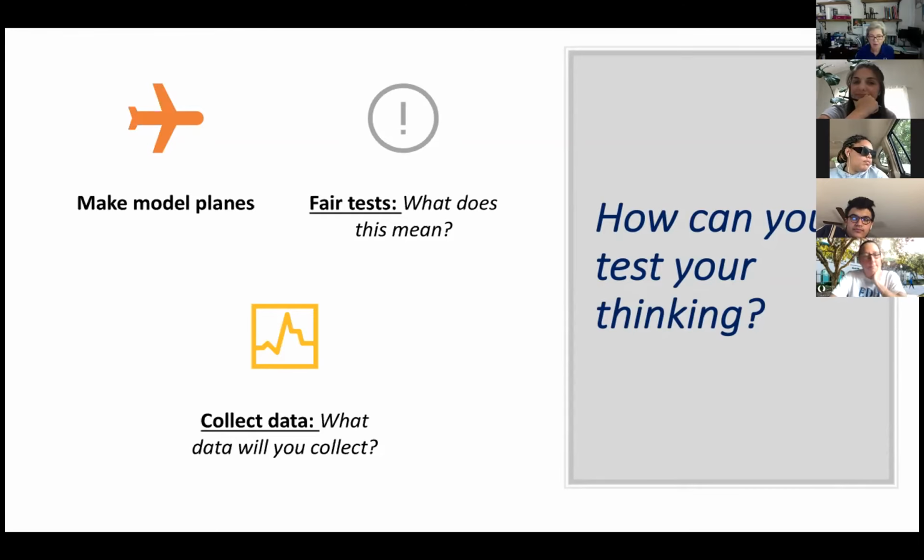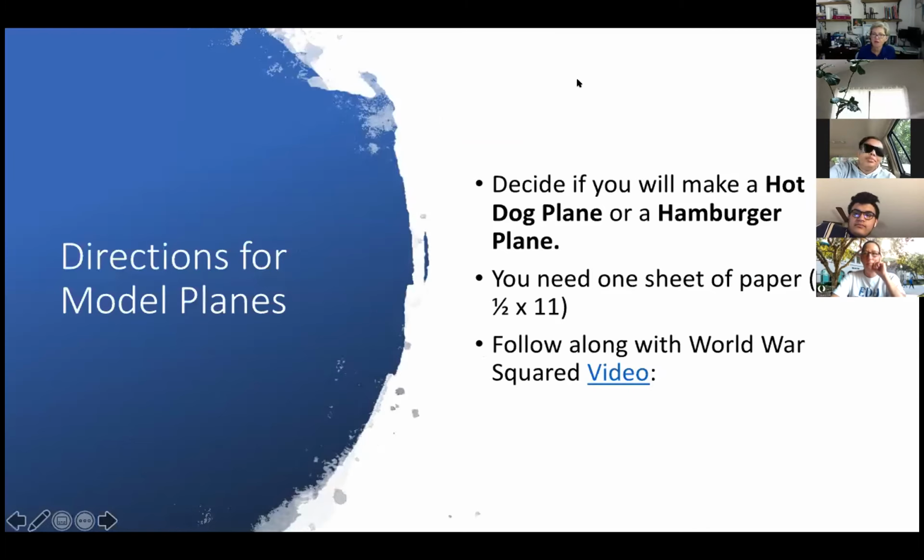So what we're going to do next, and Tim will cue up the video, if you'll get your paper ready. Before we watch the video, I want you to decide, and you'll have to talk to me about this or put it in the chat, if you're going to make a hot dog plane or a hamburger plane or both, because I want to make sure that we have both kinds of planes.